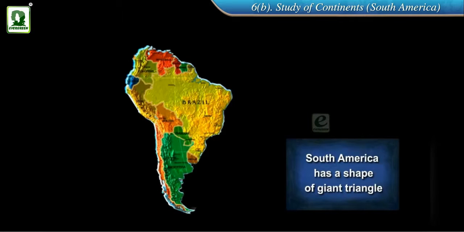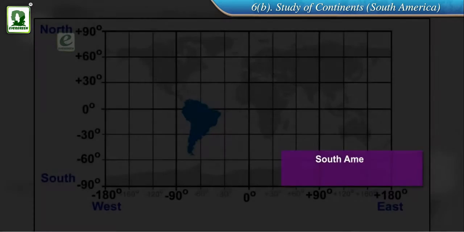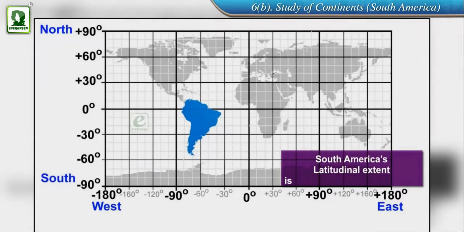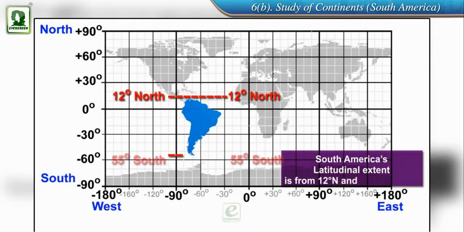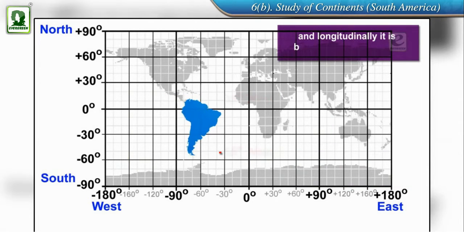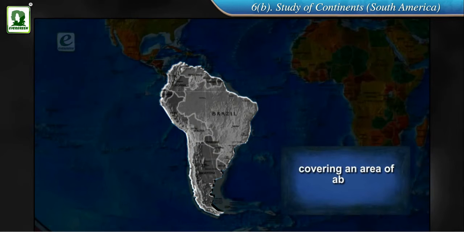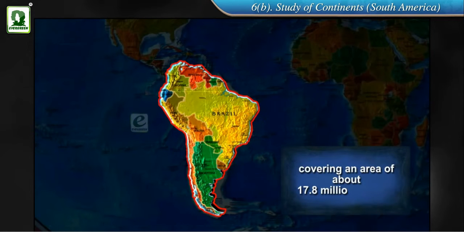South America has a shape of a giant triangle. South America's latitudinal extent is from 12 degrees north to 55 degrees south latitude, and longitudinally it is between 35 degrees west and 81 degrees west, covering an area of about 17.8 million square kilometers.